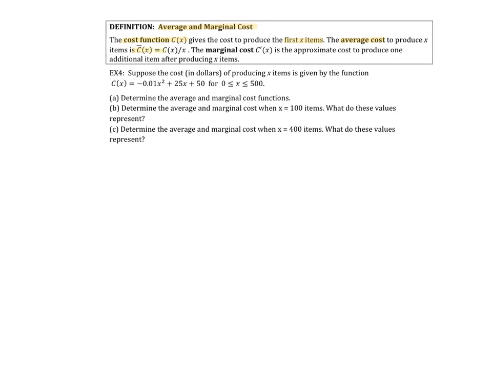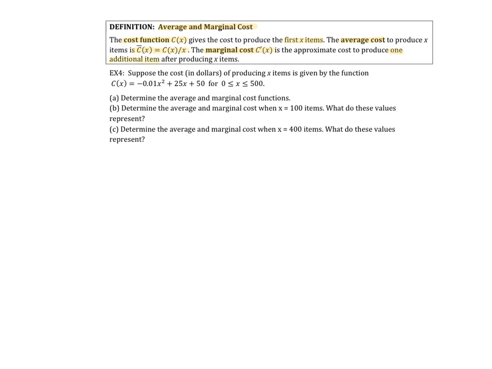And all you do is you take your cost function and you divide by X, where X is the first X items. Now, if you take the derivative of your cost function, that's your marginal cost. The marginal cost is going to be the approximate cost to produce one additional item.